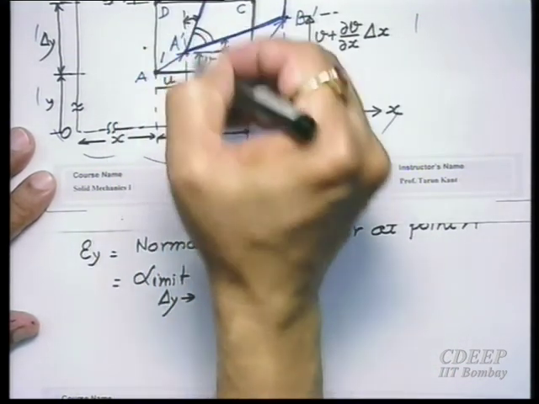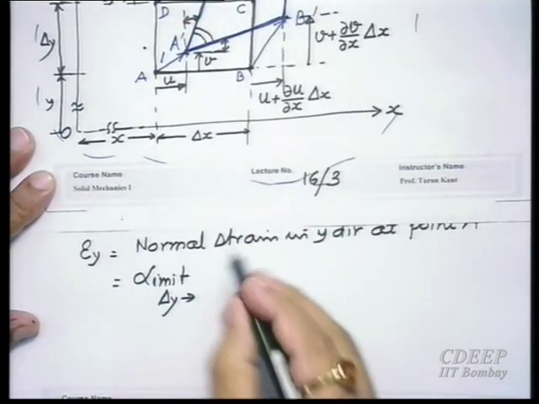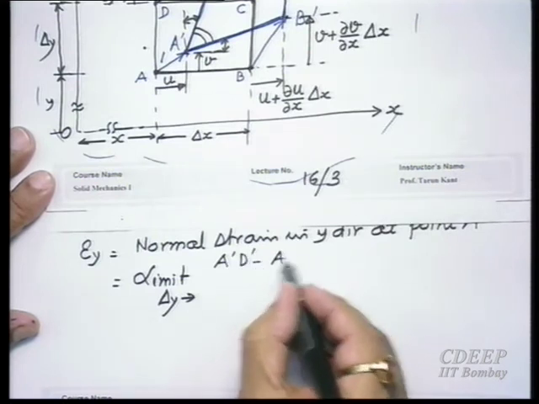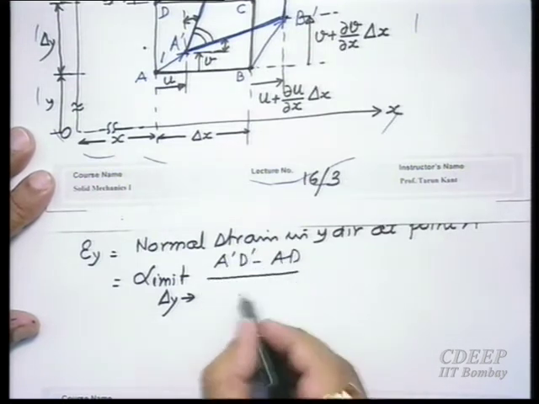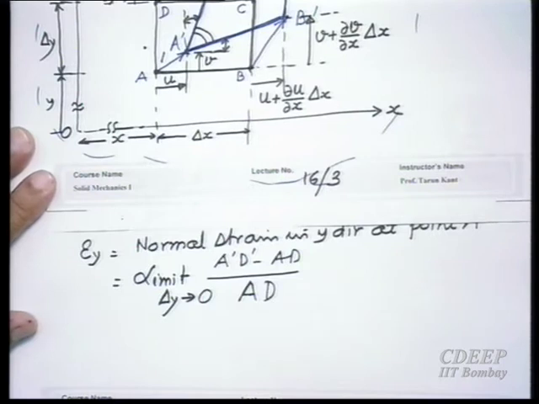It will be A dash D dash minus AD divided by AD. What about the shear strain gamma xy?